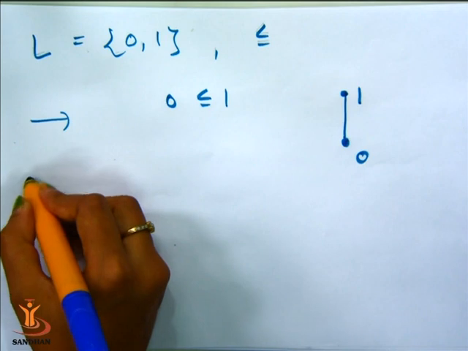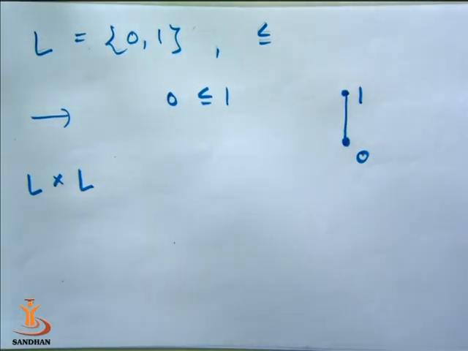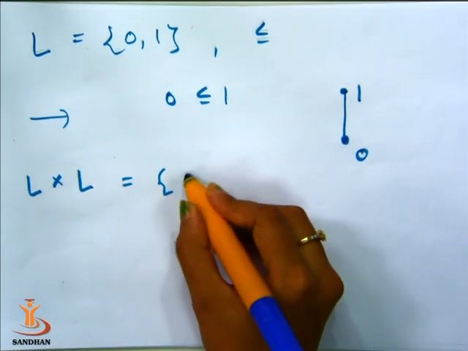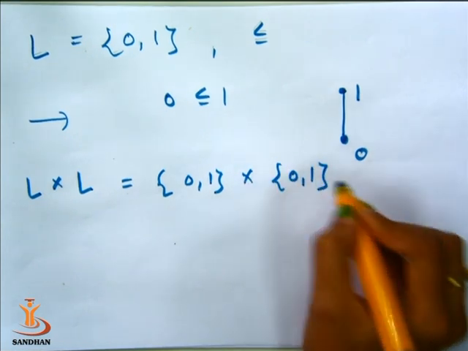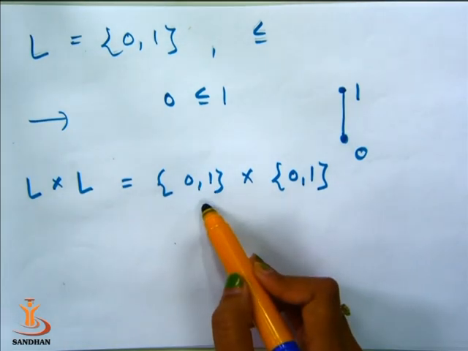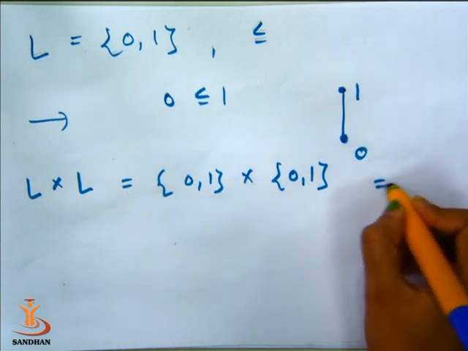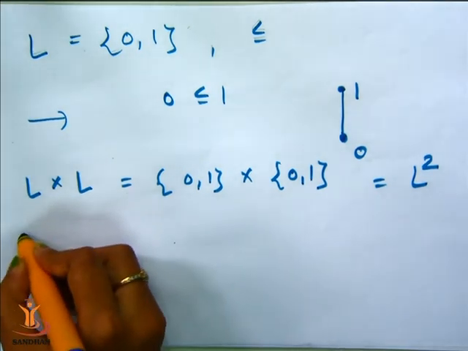Now we can draw the Hasse diagram for L cross L also. What is L cross L? We previously know that cross means the cross product. So here our set L is {0, 1}. We can take {0, 1} cross {0, 1} and it is a new set. It is also written as L square. And we can draw the Hasse diagram, but first we have to define our set.